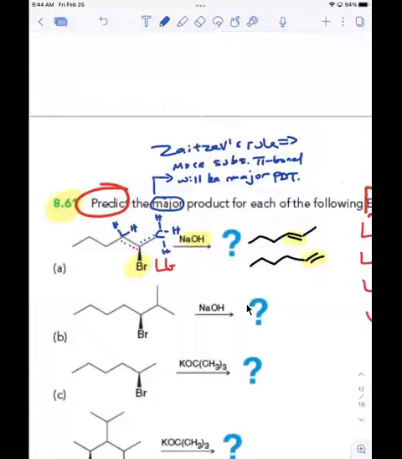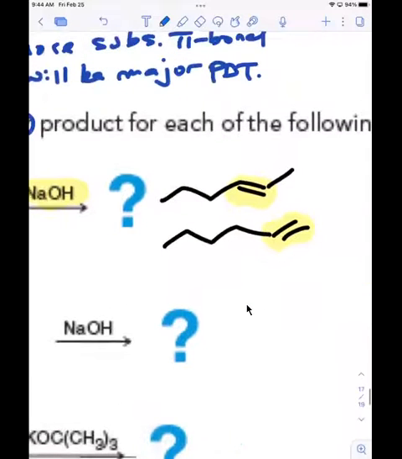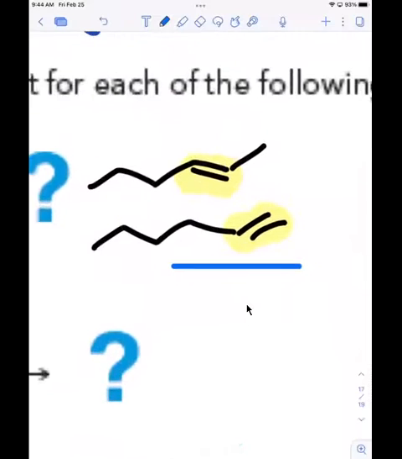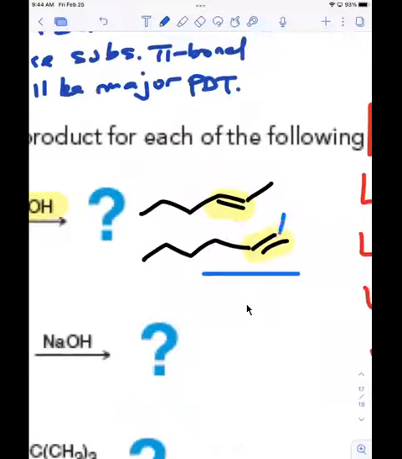So which one is major? Which one is more substituted? The one with the 3 hydrogens. You mean this one right here? Oh, yes, sir. All right, so let's look at the substitution on it. It's got 2 hydrogens here, 1 hydrogen here, and 1 carbon right here.